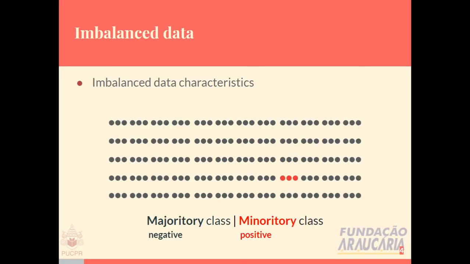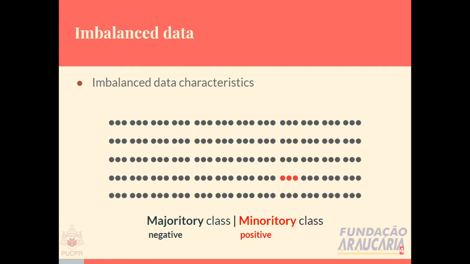Well, imbalanced data is one of the challenges when we deal with classification tasks. Data sets with class imbalance are those where one class outnumbers other classes. This overrepresentation can lead to classifiers which correctly classify instances from the majority class, while presenting issues to classify instances from the minority class.